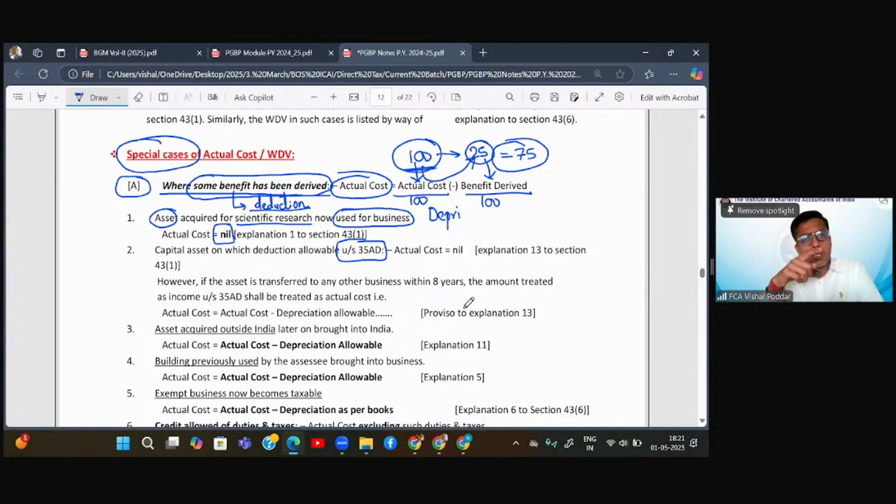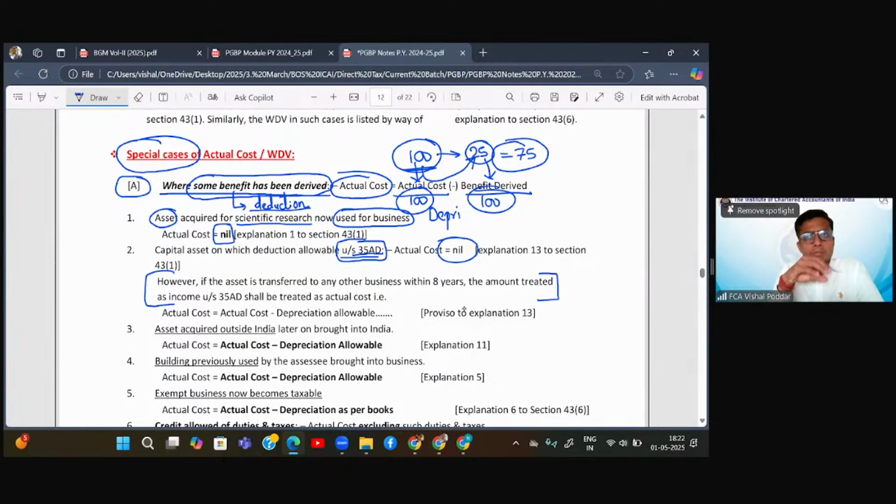So you have already claimed the entire deduction under this section. Now, where the entire 100 rupees is allowed to you as deduction under some other section, for the purpose of section 32, the cost should be taken as nil. However, there is some exception over here.